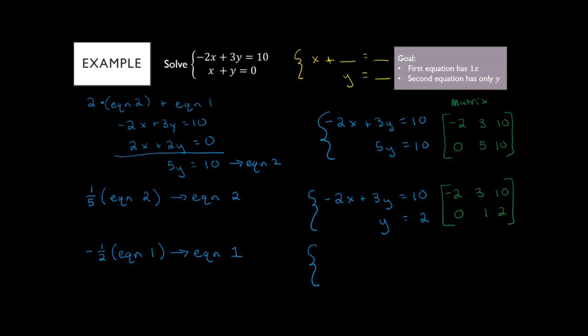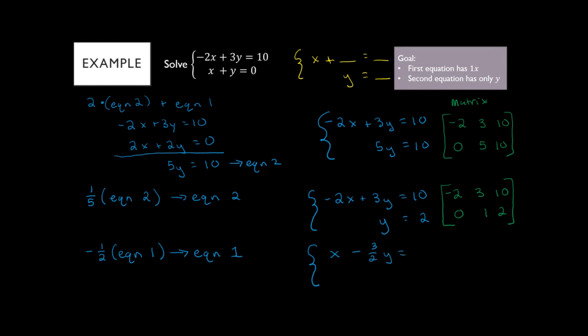So I've got my curly brace, and then I'm going to multiply that first row by -1/2. That gives me x, because -1/2 times -2 is 1. Then I have -1/2 times 3, so that's going to be -3/2 y.